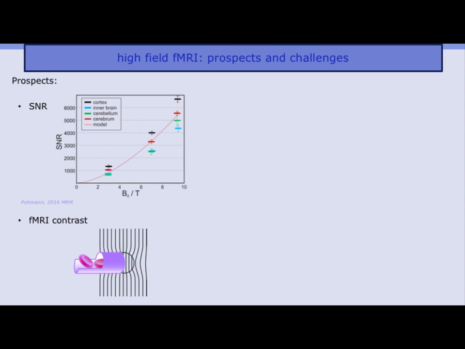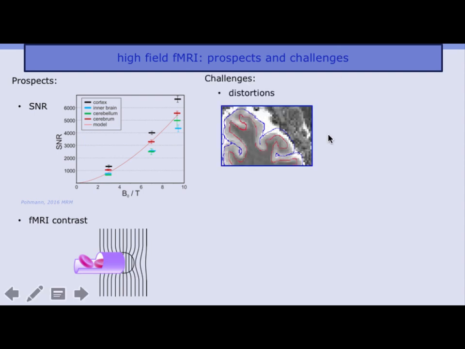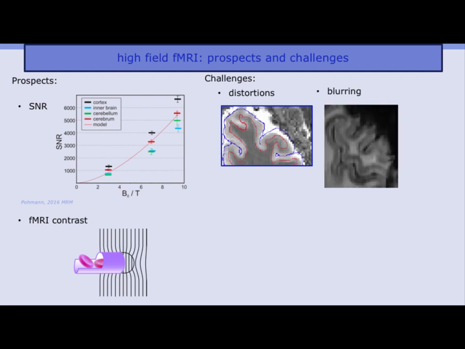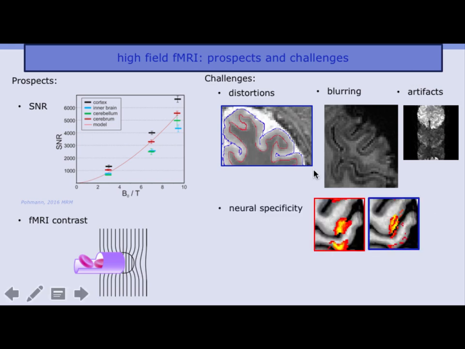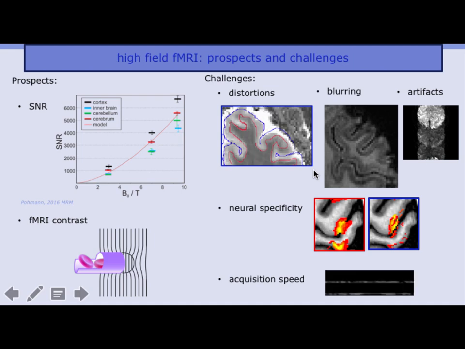on top of the signal-to-noise ratio increase. The big challenges of high field, high resolution fMRI particularly are increased distortions, larger unwanted blurring during the EPI readout, higher susceptibility to artifacts like ghosting, the fact that not all the contrast mechanisms are as specific as we want them to be, and also the fact that the higher resolution requires more data to be sampled, which takes longer time, so we need to have methods that speed things up.